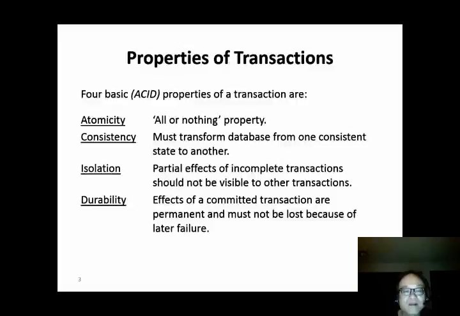There are four very important properties of transactions: A, C, I, D. A stands for atomicity. There are many steps in a transaction. They must succeed or fail together. C stands for consistency.